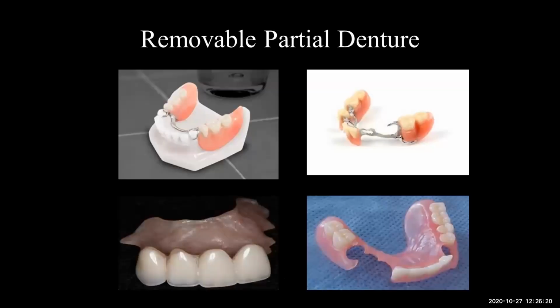Removable partial dentures, metal, all acrylic. You're going to see all sorts of different kinds. You want to have them taken out at the beginning of the appointment, and you want to do a thorough oral cancer exam. You want to clean these in the ultrasonic cleaner.